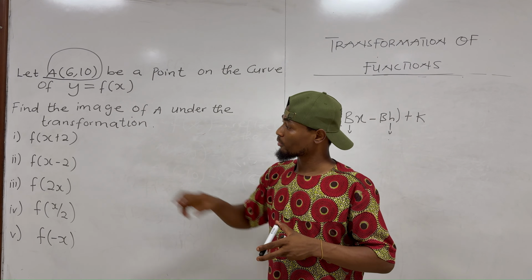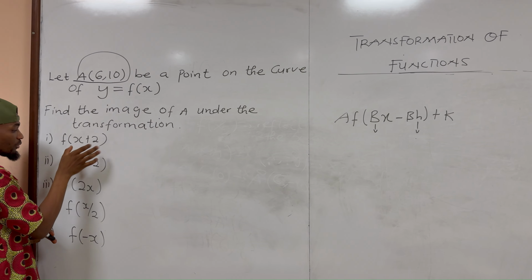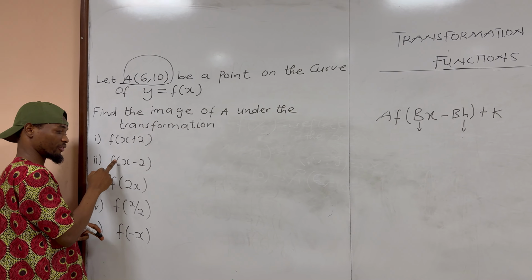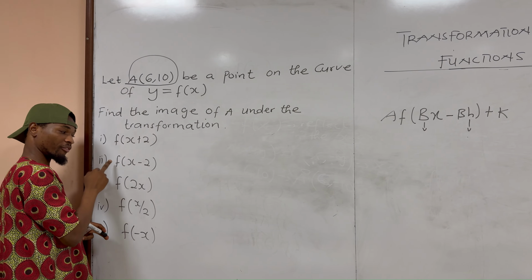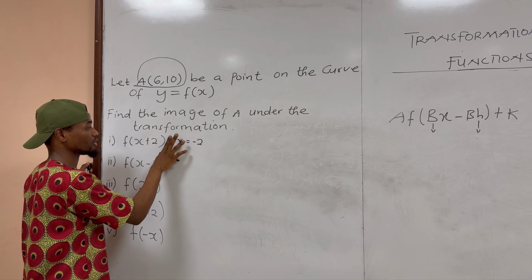We have f of x plus 2, then they have f of x minus 2, f of 2x, f of x on 2, f of negative x. So we have this as usual. We know that here x is equal to negative 2. So we are going to shift to the left, right? Horizontal shift to the left by a unit of 2, all right?